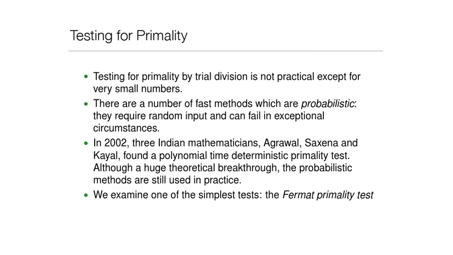So in 2002, three Indian mathematicians found a polynomial time deterministic primality test. Polynomial time means we can accept that as an efficient solution for finding prime numbers.